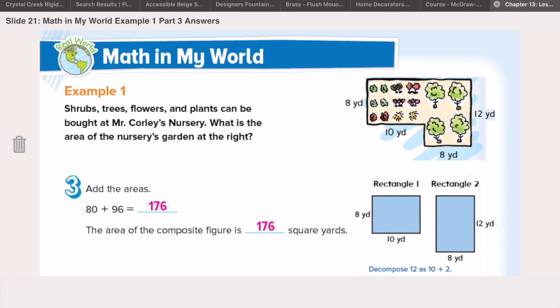And there it is. 80 plus 96 equals 176. So the area of the composite figure is 176 square yards.